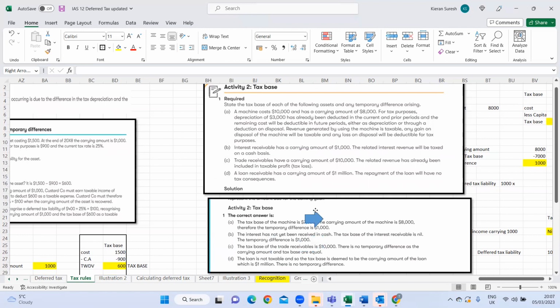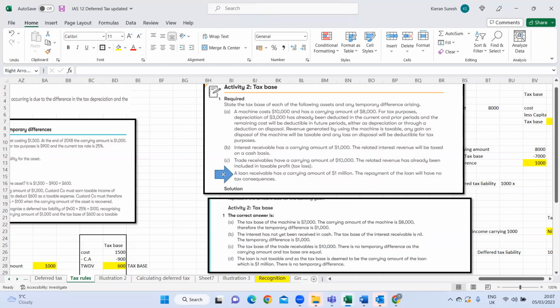That means tax authorities have also taken this amount in their books, so carrying value and tax base are the same. So there is no temporary difference in this case.